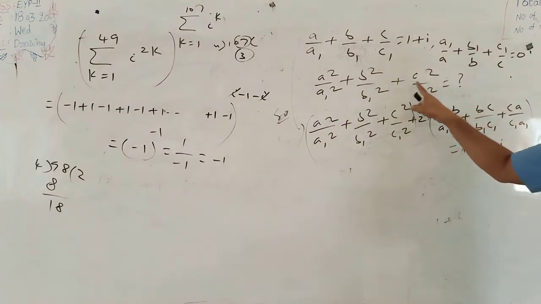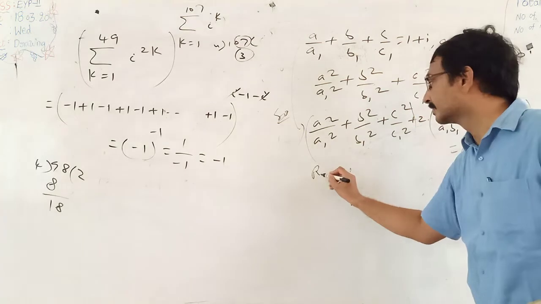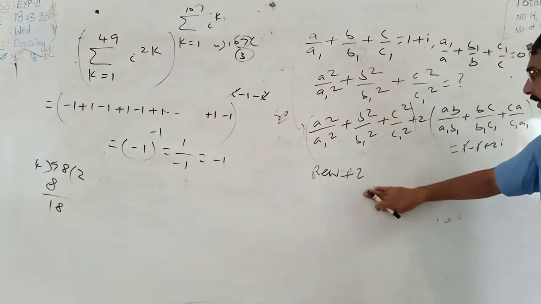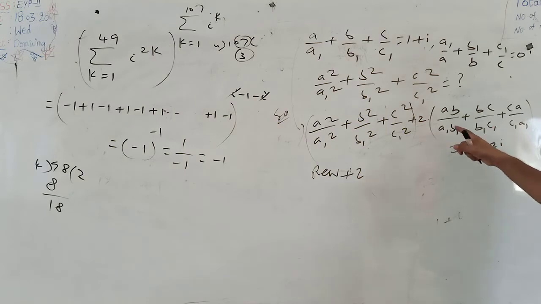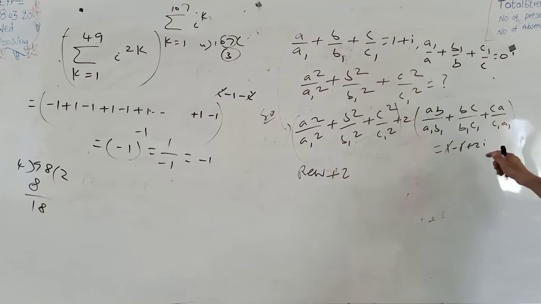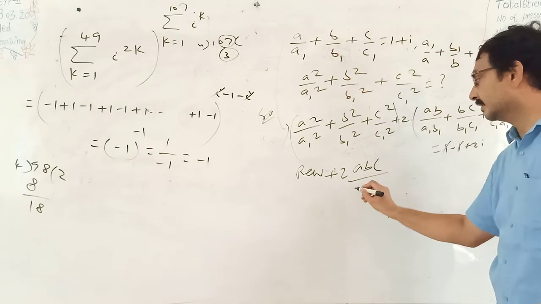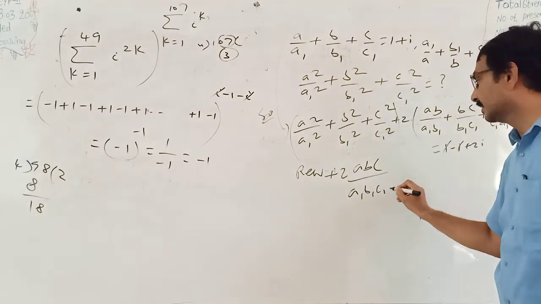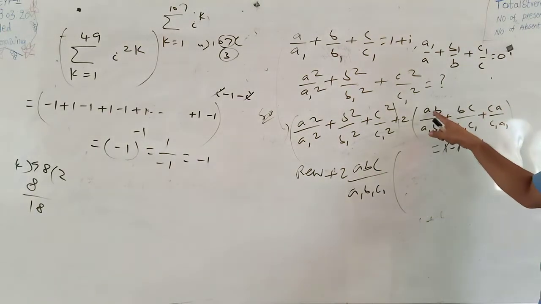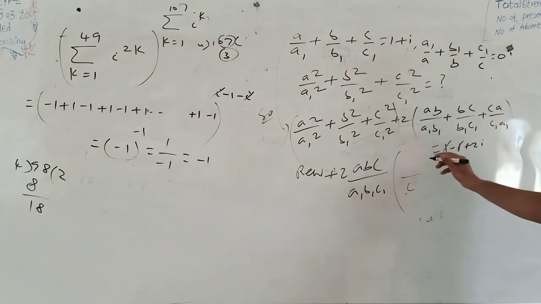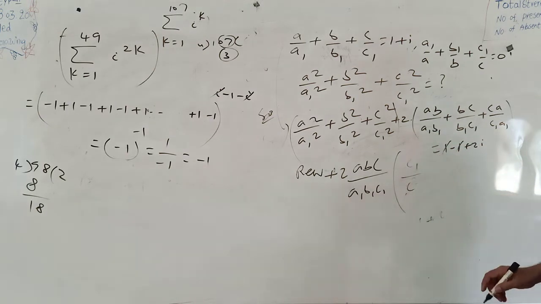See, this is required, plus 2 into: I am taking abc from the numerator and a1 b1 c1 from the denominator in common. But there is no c in the first term, therefore divide by c. In the denominator there is no c1, so multiply by c1.